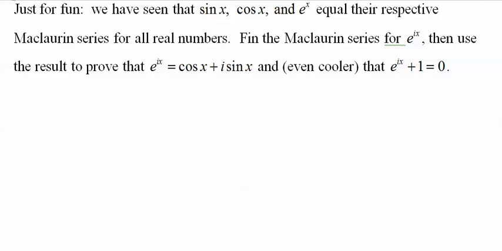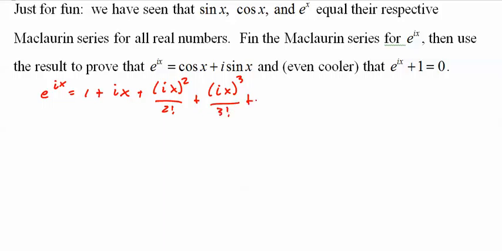Find the Maclaurin series for e to the ix, which is particularly complicated, or should be. We just plug in ix, so e to the ix equals 1 plus ix plus ix squared over 2 factorial plus ix to the third over 3 factorial, dot, dot, dot.